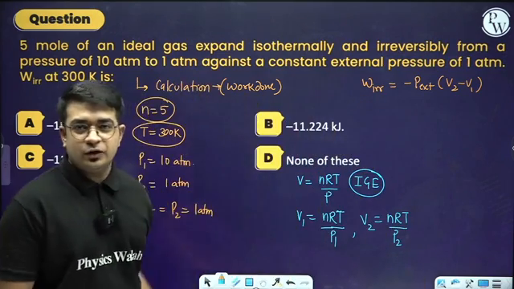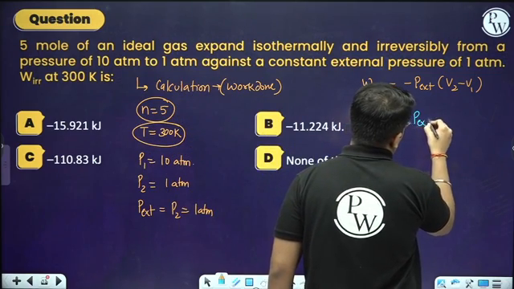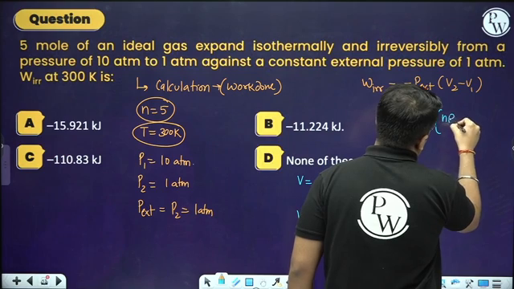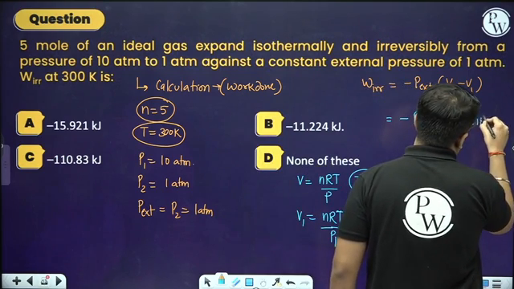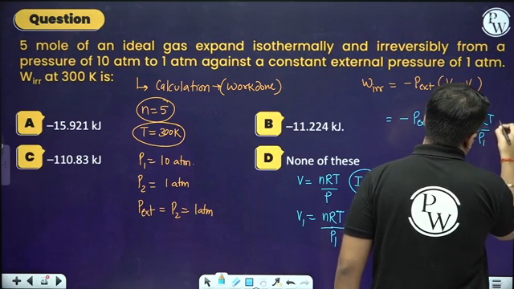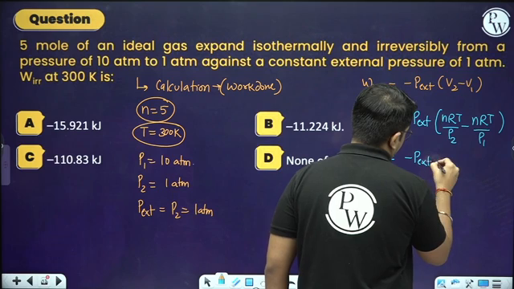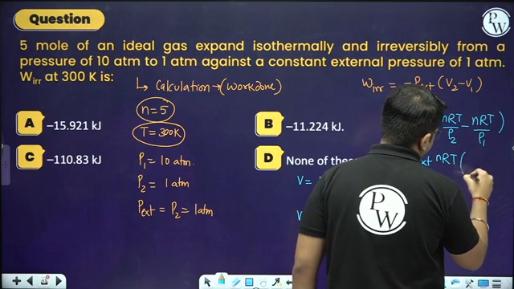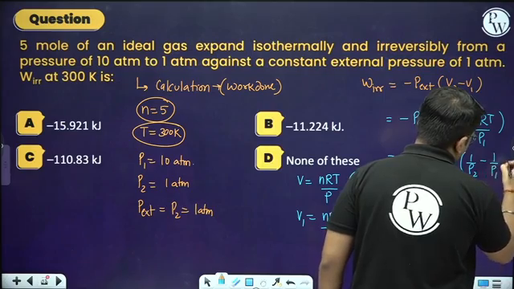So can you put the values? Yes, definitely. So we can say that will be minus of P external, then we have nRT upon P2 minus nRT upon P1. So we can say that will be equal to minus of P external nRT, then we have 1 upon P2 minus 1 upon P1.